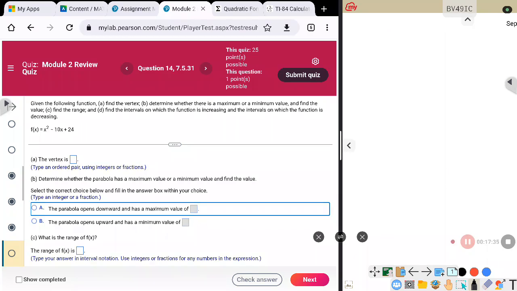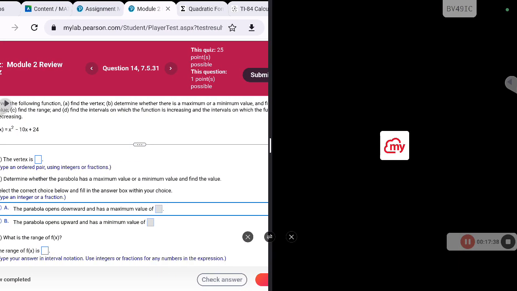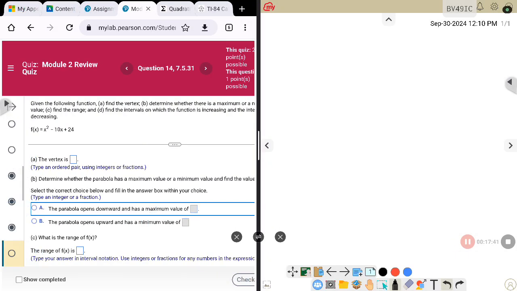All right, on this next problem, I've got the function f of x equals x squared minus 10x plus 24. And again, it's asking me for the vertex first.